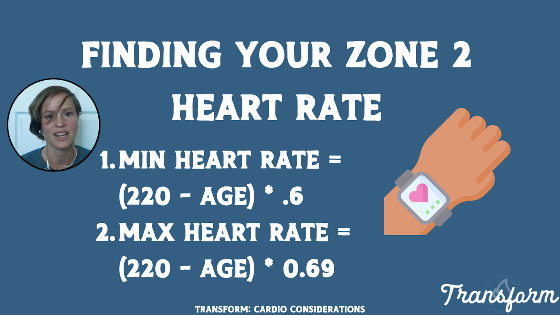And then you times that by 60% or 0.6, and that gives you the low end of the zone 2 range. And then to find the high end of the zone 2 range, you times your max theoretical heart rate by 69% or 0.69. But again, this is just a theoretical calculation. So don't stress if you're not exactly within this range.